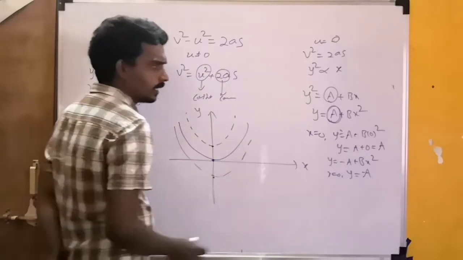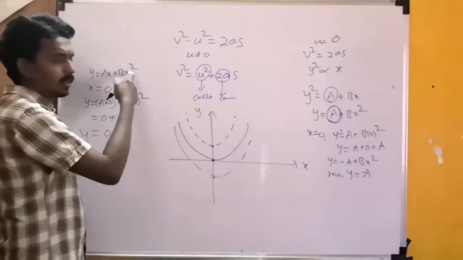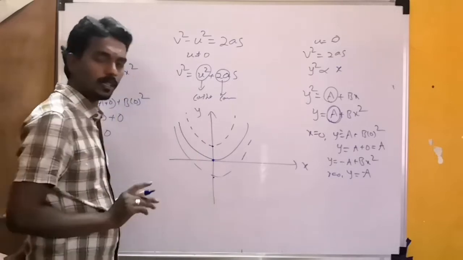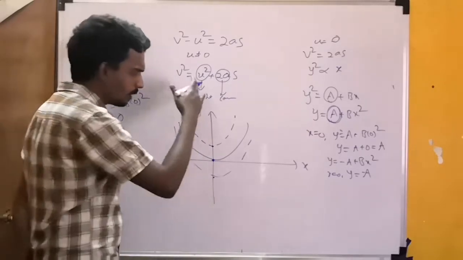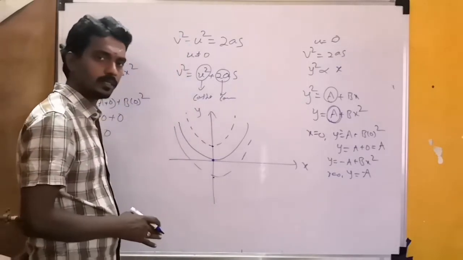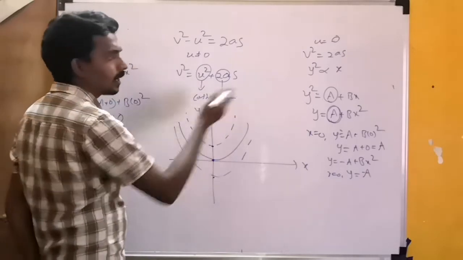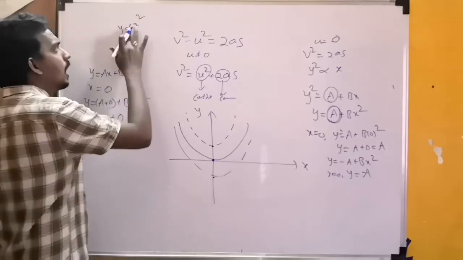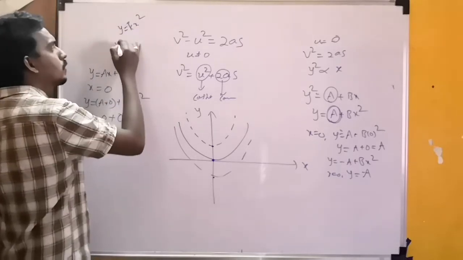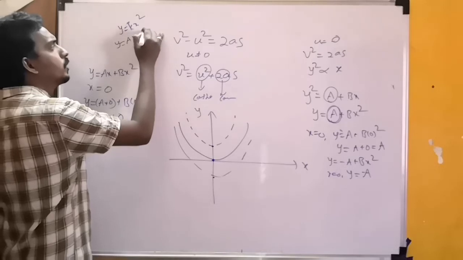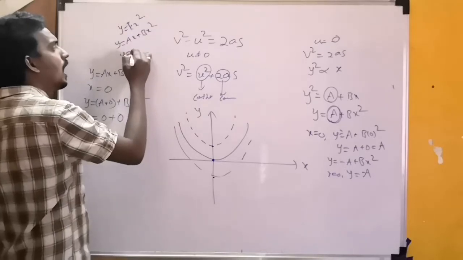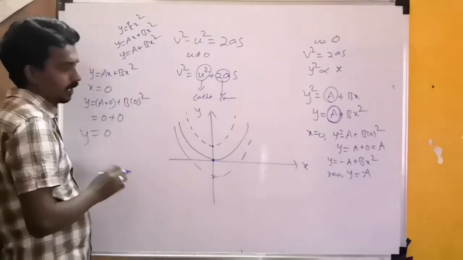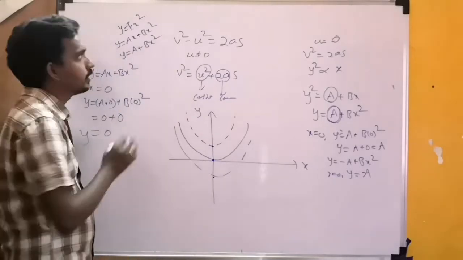But here, y proportional to x square means symmetry about the y axis only. But depending upon the general form, whether it is y proportional to x square, or y equal to kx square, or y equal to ax plus bx square, or y equal to a plus bx square, the variation will happen.